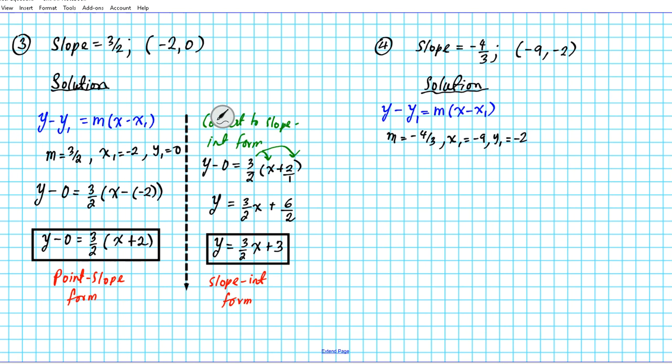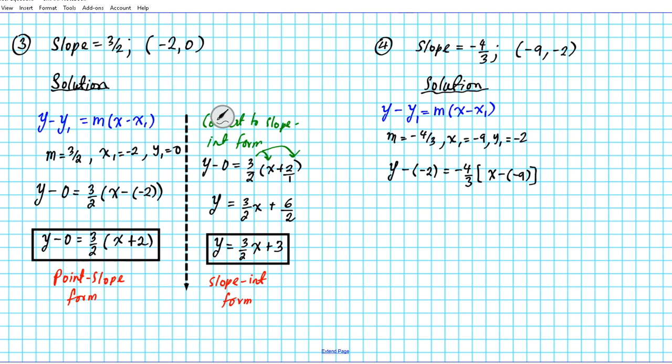So next we're going to substitute. That gives us y minus y1, which is negative 2, equals m, negative 4/3, times x minus x1, which is negative 9.